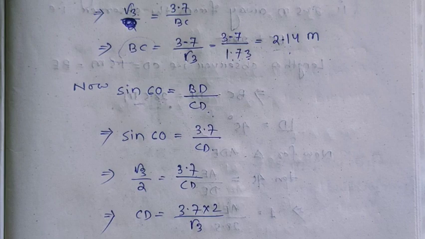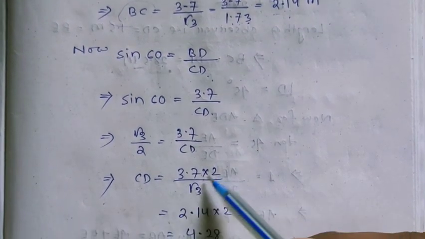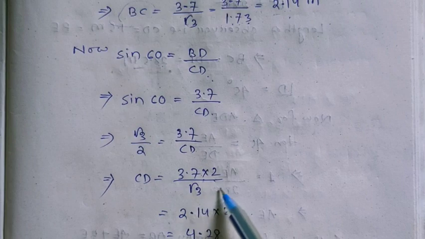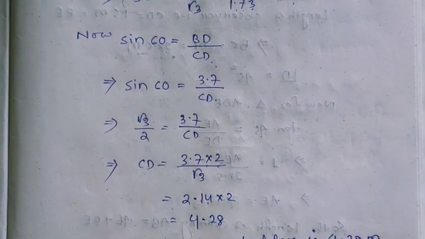Root 3 by 2 is equal to 3.7 by CD. This implies CD will be 3.7 into 2 divided by root 3. We have found that 3.7 divided by root 3 is equal to 2.14. So into 2, which is equal to 4.28. So the length of the ladder is 4.28.